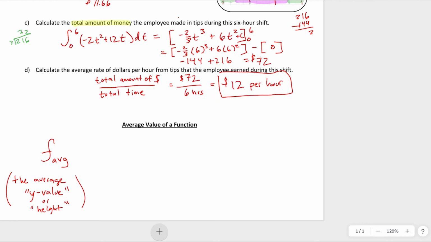Sometimes you'll see it written like this, f average. So the average value of the function is equal to the total area under the curve, which we can find using the fundamental theorem of calculus, divided by the length of the interval.